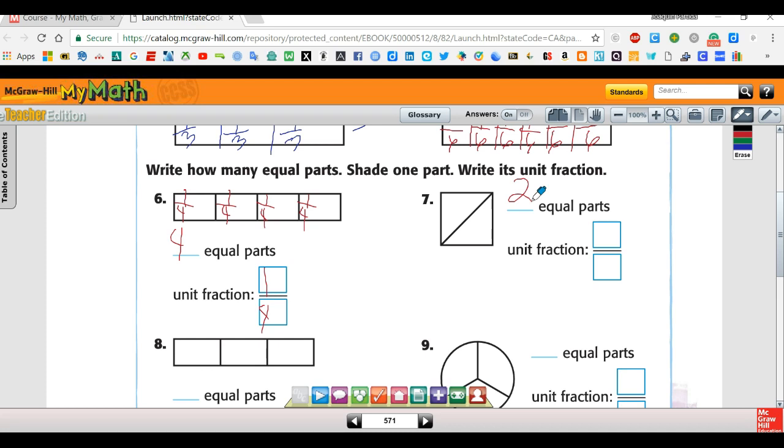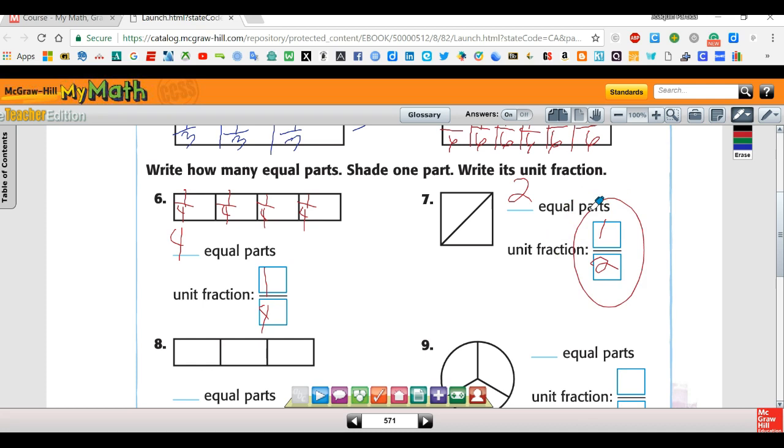And what's the unit fraction? What's that called? I know, but what's the fraction called? Not 2/4. Just tell me this, though.